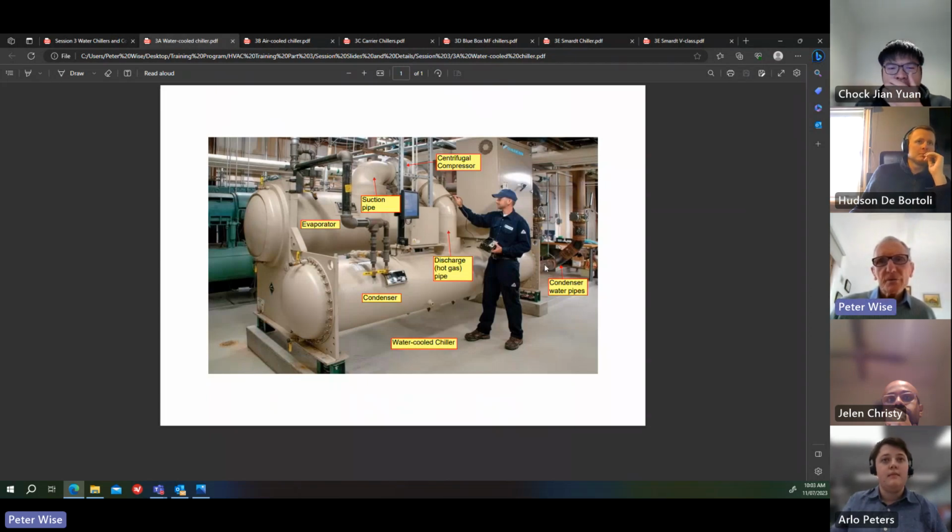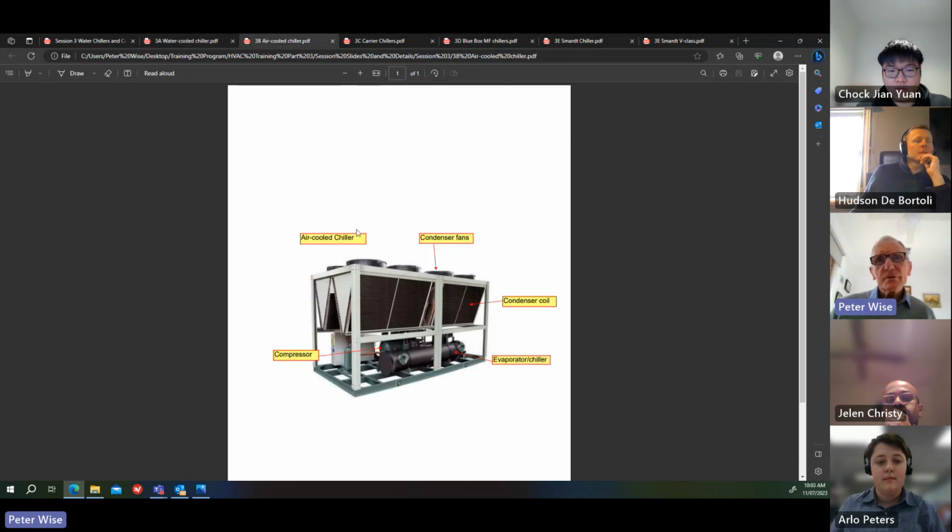These pipes take it off to a cooling tower or fluid cooler, more likely a cooling tower, to reject the heat from the system. The air-cooled chiller has the air-cooled condenser with fans on the top, and this is the evaporator vessel at the bottom and compressor under there.